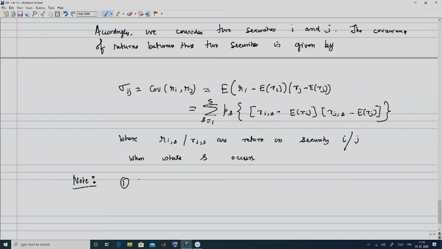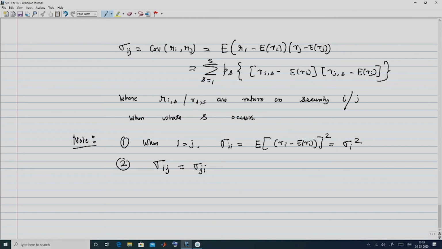First of all, when i is equal to j, then obviously sigma ii is going to be E of Ri minus E Ri whole square, and this is sigma i square. And secondly, using the symmetric property of covariance, sigma ij is going to be equal to sigma ji. That means the covariance of return of the ith and the jth asset is the same as the covariance of return of the jth and the ith asset.